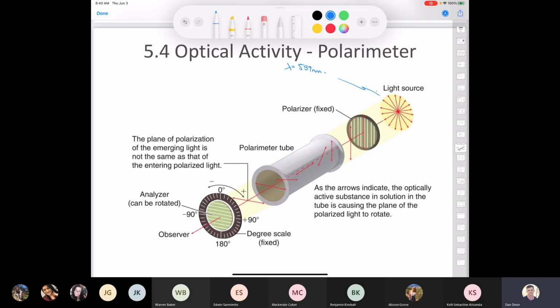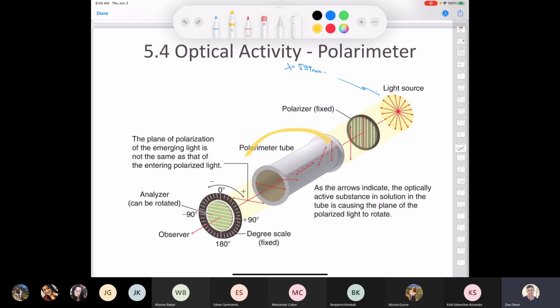It's the D line of sodium, which is neither here nor there for this class. You shine one wavelength and pass it through the polarizing filter, so you get just one direction. See, that's this right here: one oscillation of the wavelength of light goes through the polarizing filter and comes through.